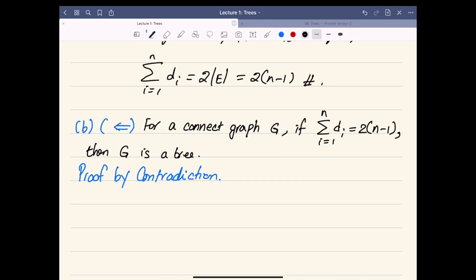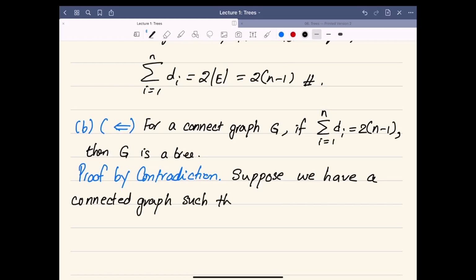So first we need to write the contradiction statement. We say suppose, and remember that for the contradiction statement, if you have if and then, you write P and the negation of the conclusion. So suppose we have a connected graph G such that the summation from 1 up to n di is equal to twice n minus 1, and now we write the negation of the conclusion.